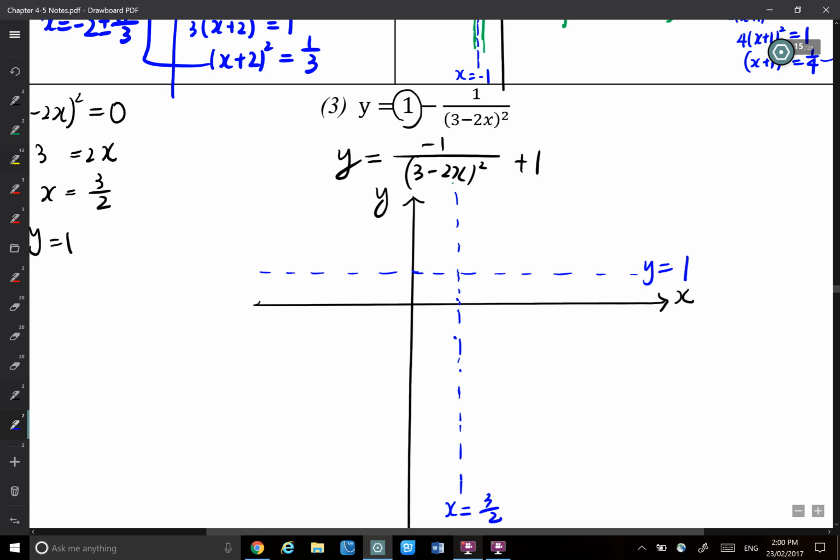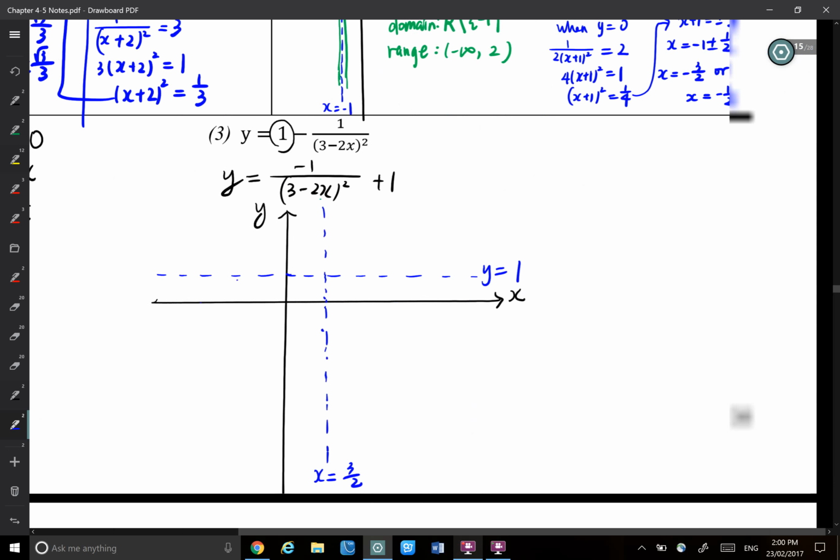I'll have the graph at the bottom because it's a negative. So still the same problem. The graph can go through this way or it can go through this way. So I need to find the x and y intercepts first.